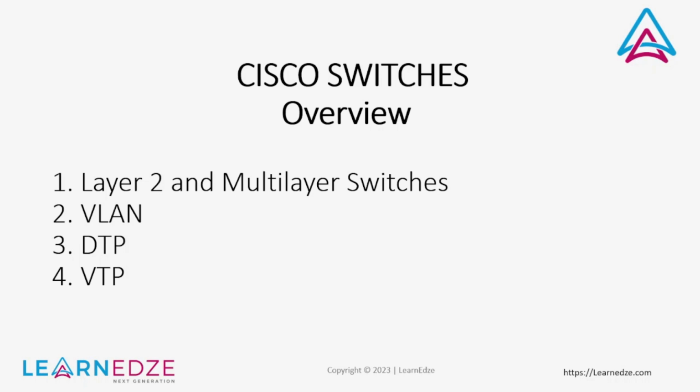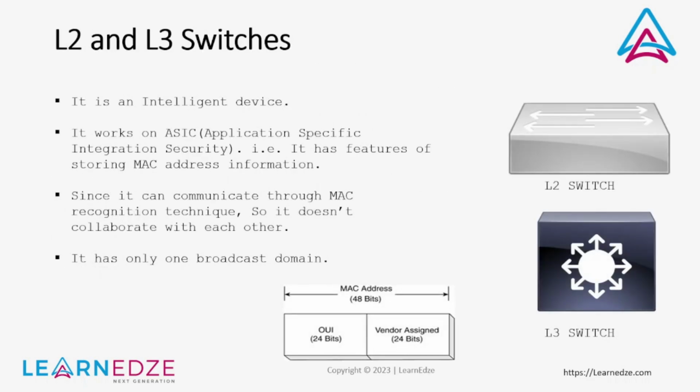So let's start. As we know, switches are more intelligent than a hub. Why is it intelligent? Because a switch can store the MAC address of the devices or hosts that are directly connected to the ports of the switch.